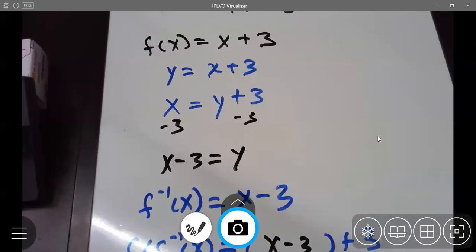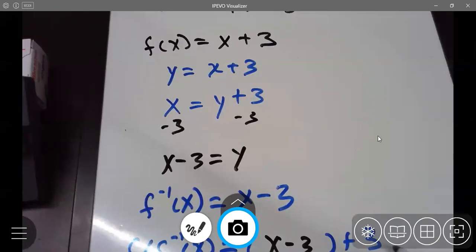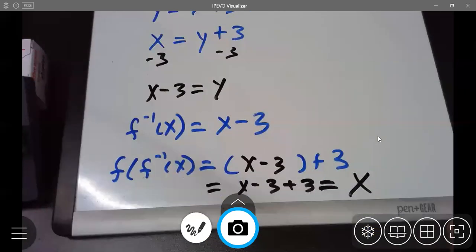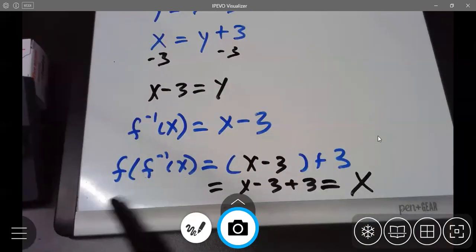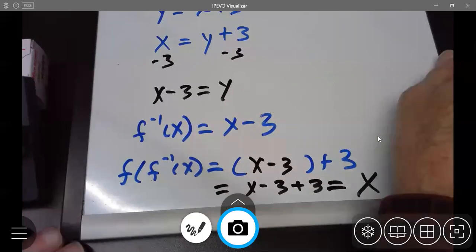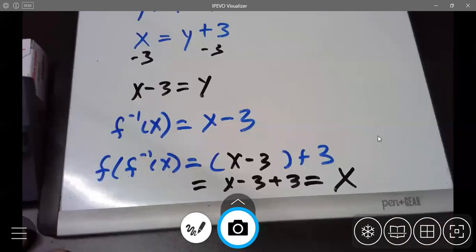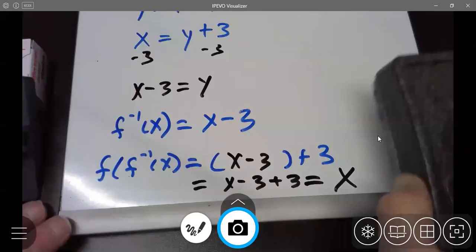And so we get x minus 3 plus 3. The 3's go to 0, they cancel out, and all we get is x. And so it checks, and you can do it the other way too. Okay, well, we can also do this graphically as well. All right, questions with that?